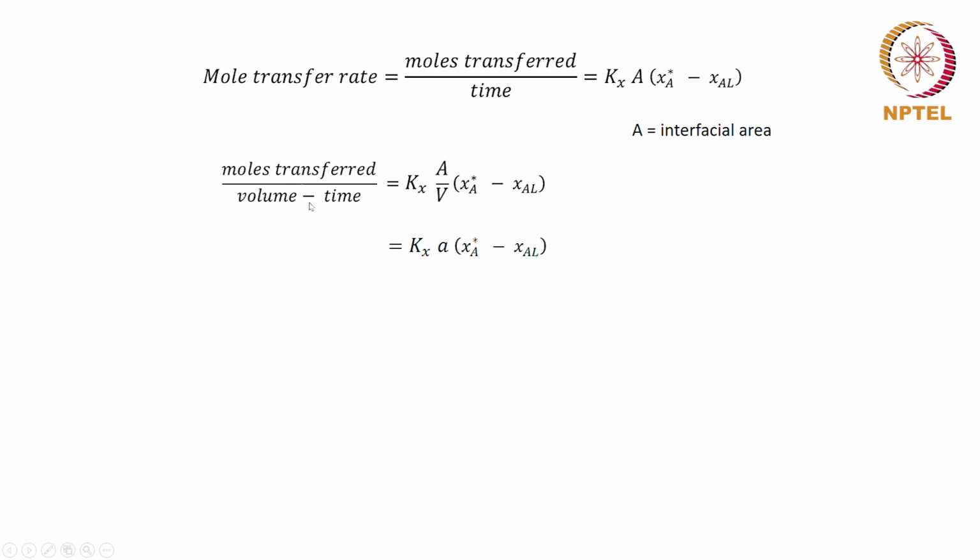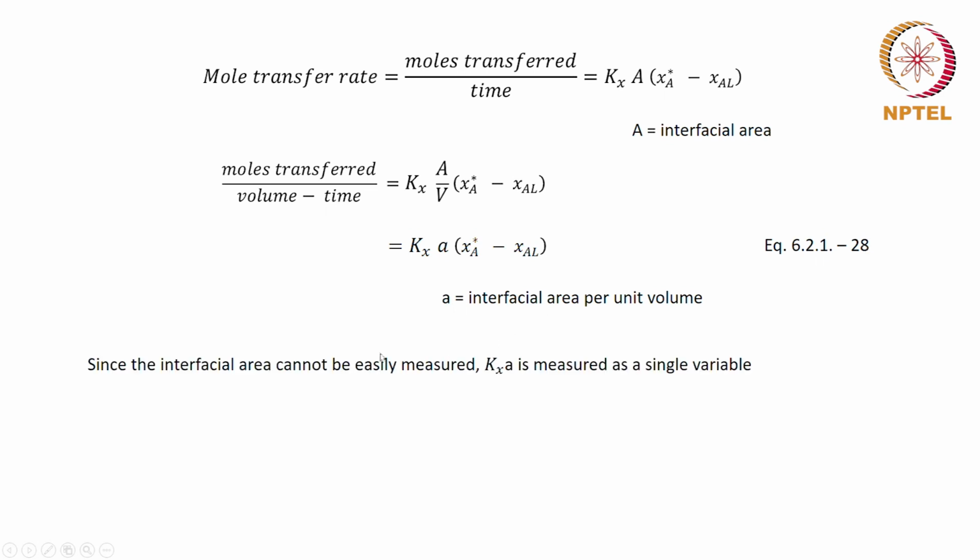So moles transferred per unit volume per time becomes overall transfer coefficient Kx times a, Kxa times Xa star minus Xal. a is interfacial area per unit volume, equation 6.2.1-28.